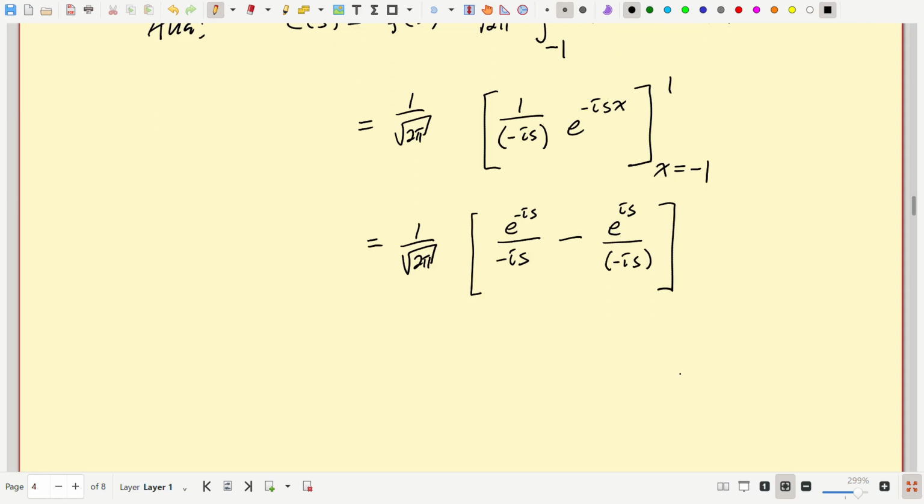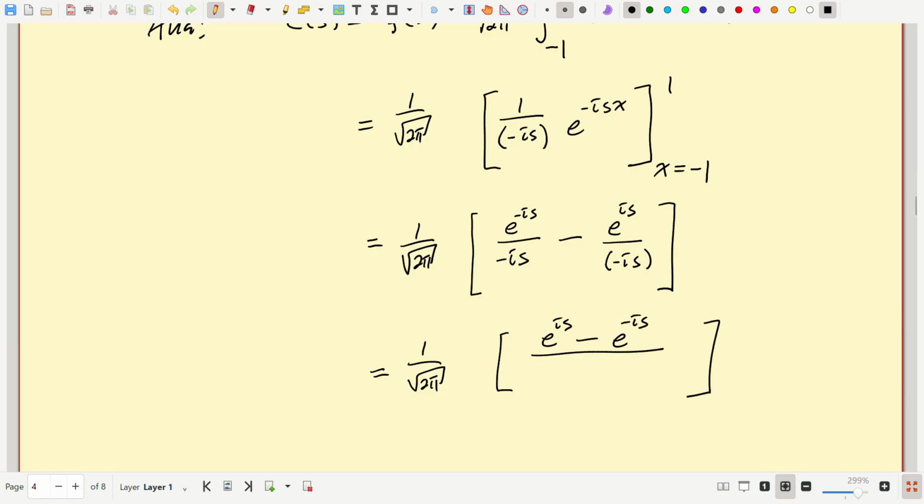I kind of like that i on the bottom. I wish I had a 2 on the bottom. I have a minus minus. So that's e to the is minus e to the minus is.